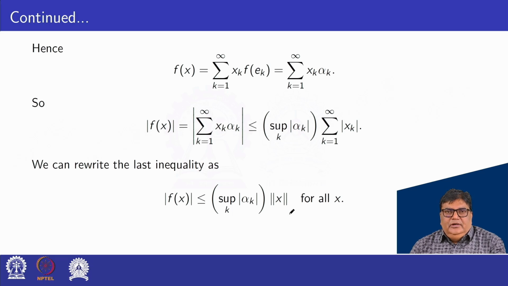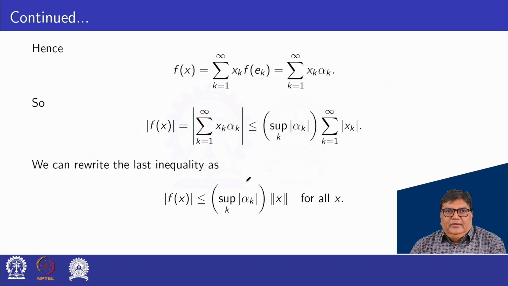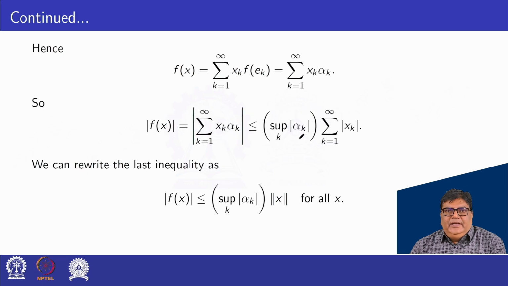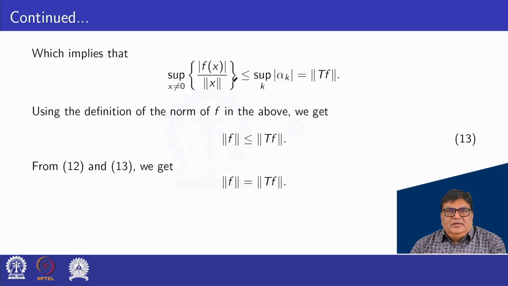Dividing by norm x, supremum of |fx| upon norm x is less than or equal to supremum of |αk|. The right side is only supremum of |αk|, which is norm Tf.